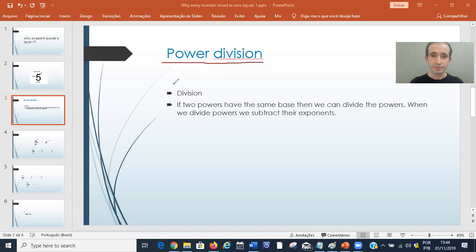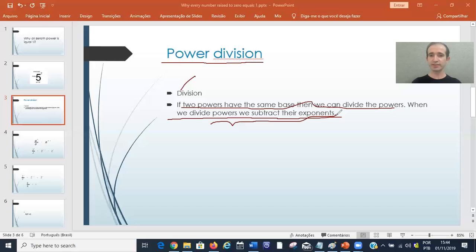It's a singular rule. If two powers have the same base, then we can divide the powers. When we divide the powers, we subtract their exponents. Here is the main part, we subtract their exponents.